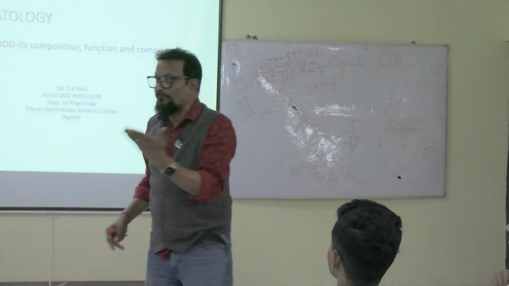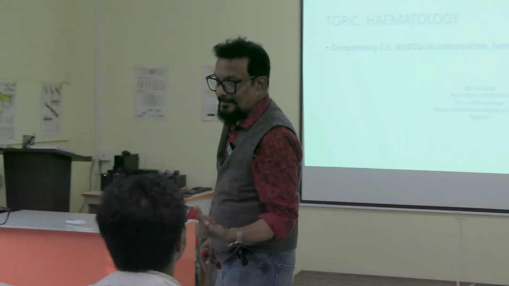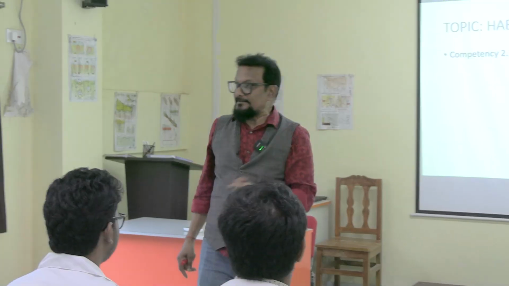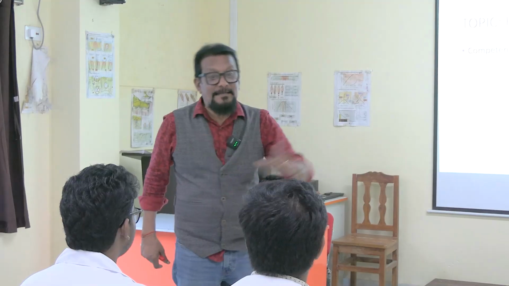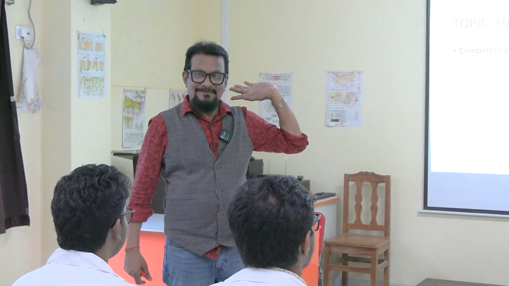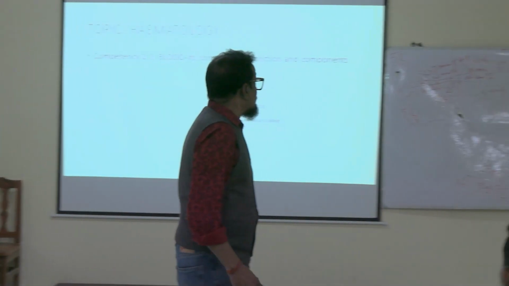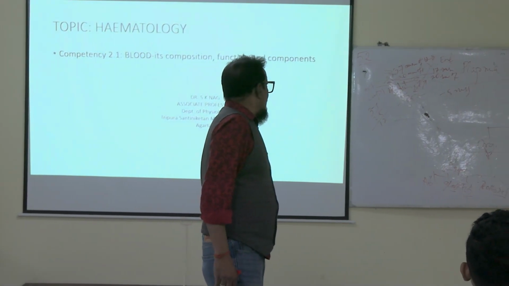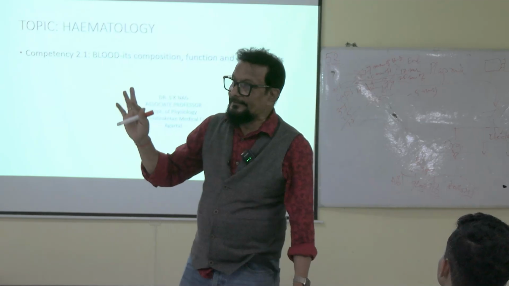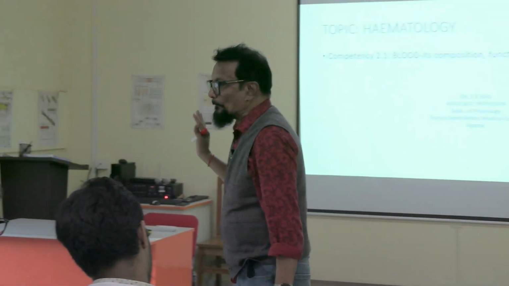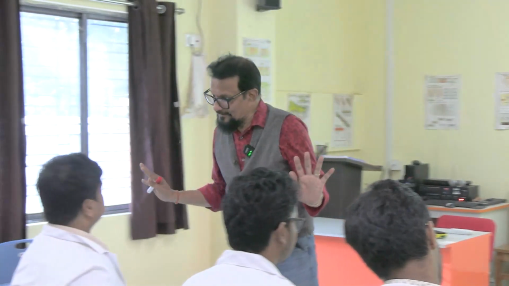If you find in somebody's plasma an increased level of creatinine and urea, what do you think? The kidney is not functioning properly. So these things are present in blood. Then there are organic compounds, vitamins and minerals, as I said. These are the various components of plasma. Have you got it? Okay.